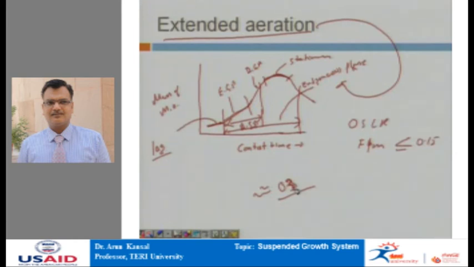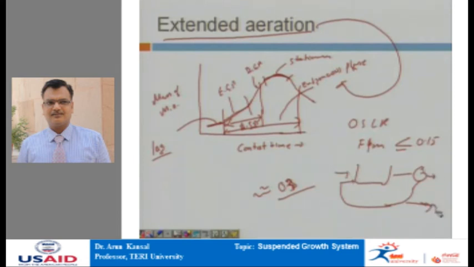This process of extended aeration is extensively used for packaged sewage treatment plants, provided for treatment of waste from housing colonies, societies, schools, community and all. Because the main advantage of this process is that since the organisms have already gone up to the endogenous phase, we do not require sludge stabilization, that is, of the sludge which is being wasted after the secondary settling tank.